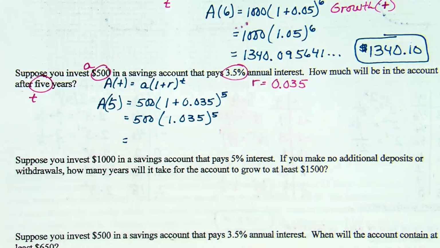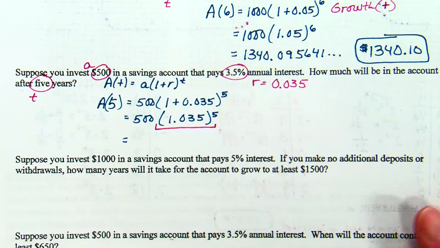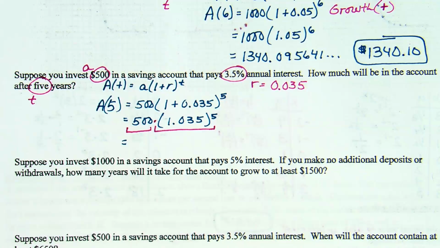Now, if your calculator is not quite fancy enough, which we are going to have some of those, which piece has to be done first? The one that has the power, yes? So if you have to do this in pieces, and I think I failed to mention this yesterday because we were, I think, close on time, you need to start by doing 1.035 to the 5th power, get that value, and then multiply by 500.